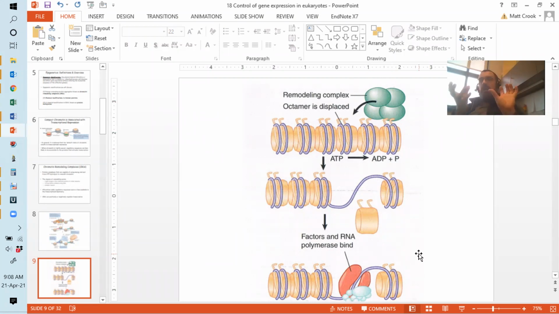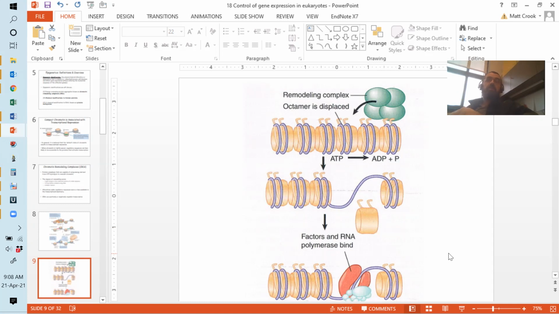This one doesn't rotate the histones or just shuffle them along a little bit. It actually kicks them out, right? So it removes the histone completely, or the histones. And now we have a completely bare piece of DNA, which is available for transcription factor binding and recruitment.